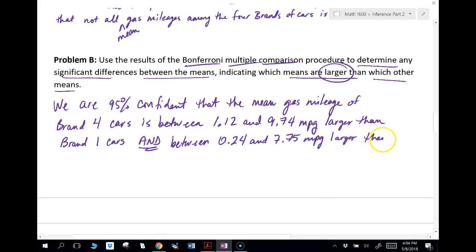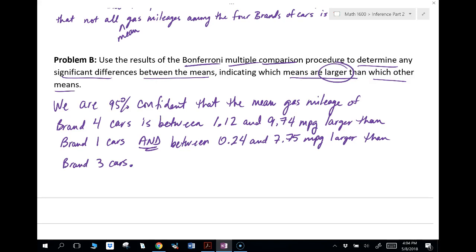I don't like the word larger than. So we're basically writing the confidence interval statement for any pairing that we see in there. Does that make sense?